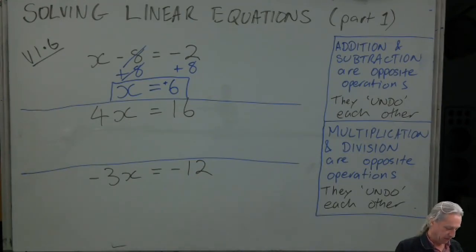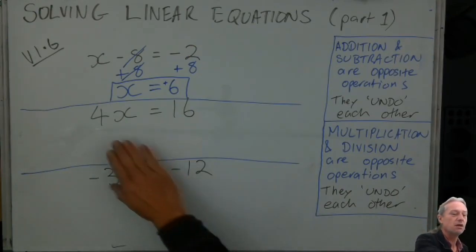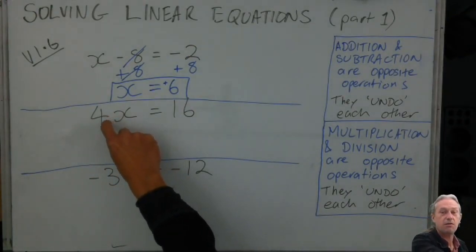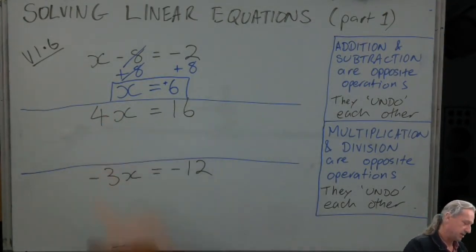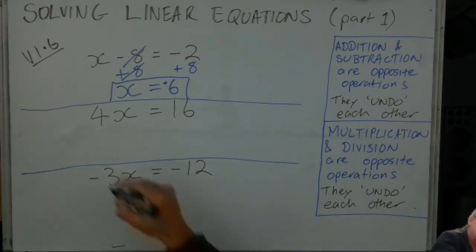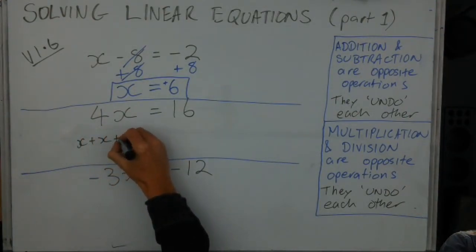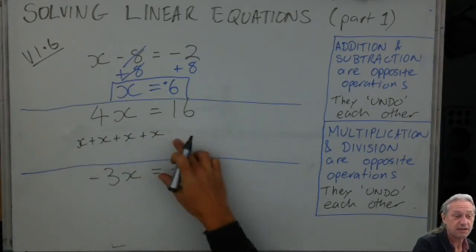Okay, so these next few examples involve multiplication and division. So here we have 4x. So there's no add or subtract in there. So this is essentially x plus x plus x plus x. So we've got 4 lots of x.